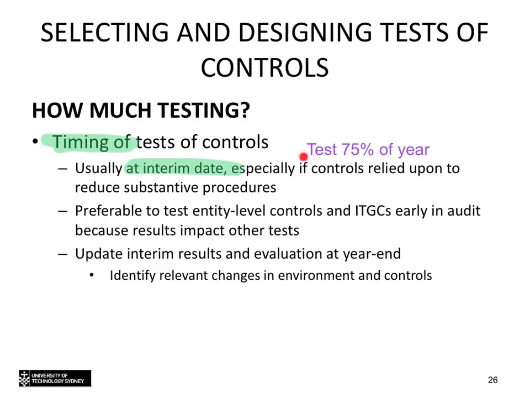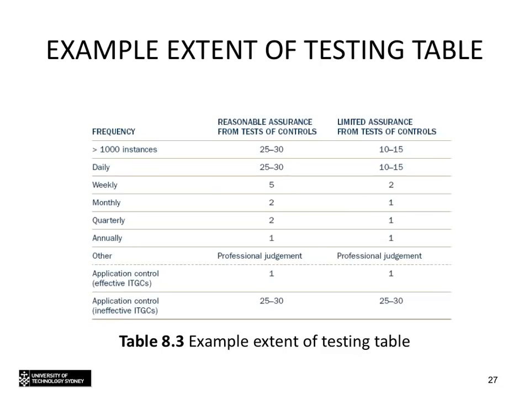If I don't test these controls until July, I've really only got six weeks until the audit is due. And if I found a big error or a big risk, that might not be enough time to go out and investigate. So here's the table that has the good old number 25.